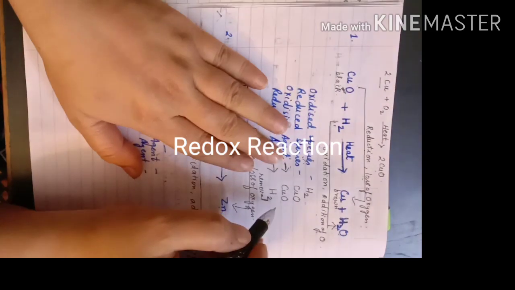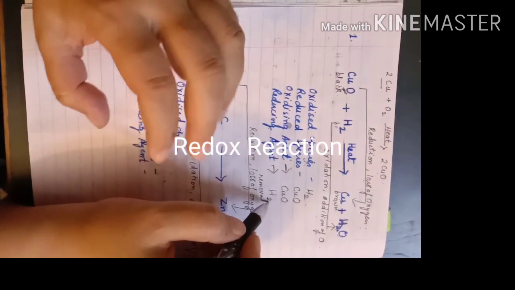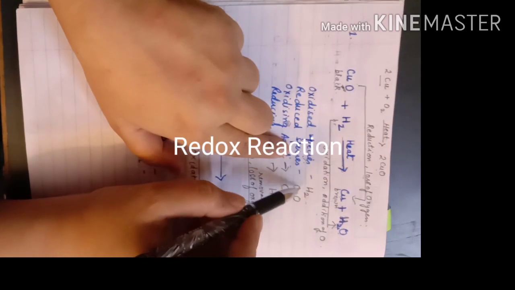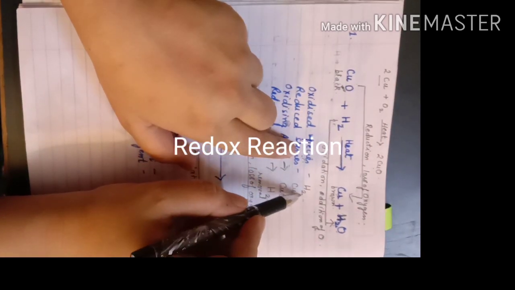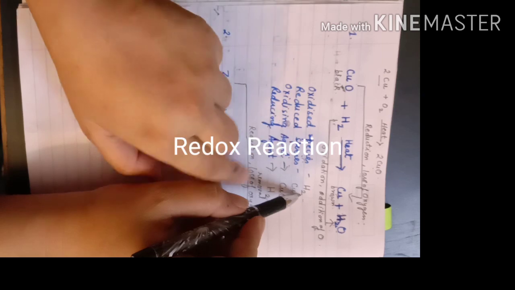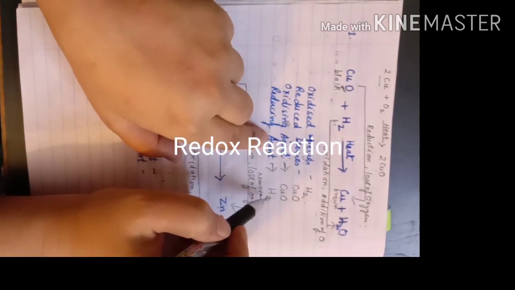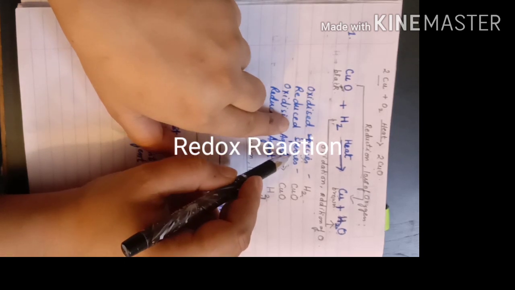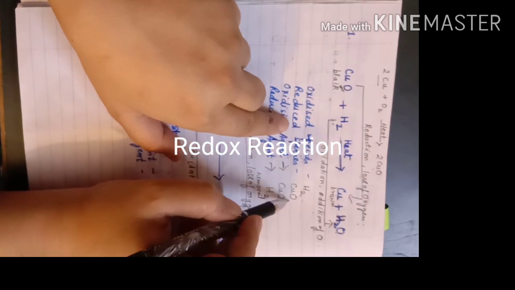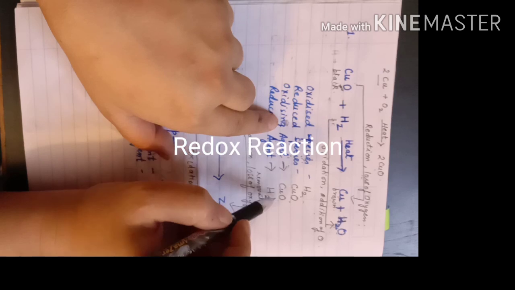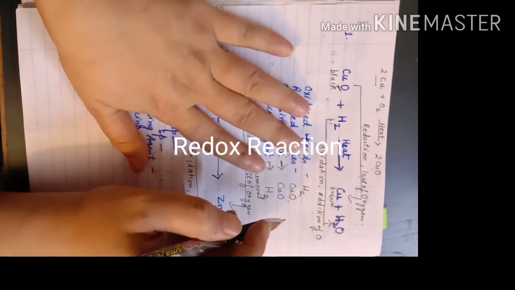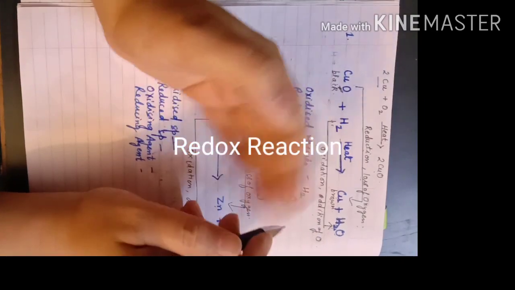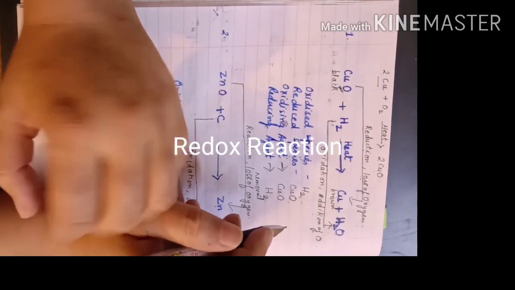If you watch this video slowly and slowly, you will come to know that the species that has been oxidized is the reducing agent, and the species which is reduced is the oxidizing agent. It will come easy to you when you practice. Practice is very much required.